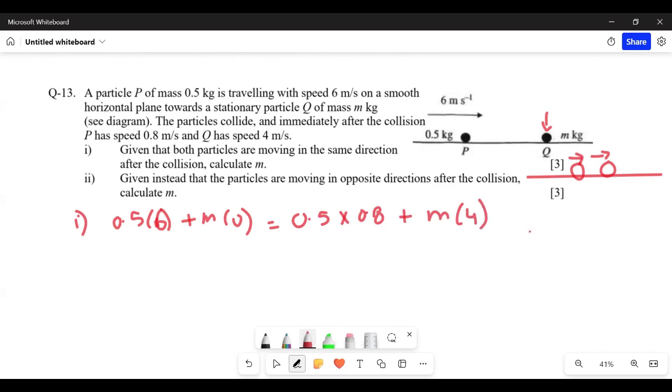Solve this for m and you should get m is equal to 0.65 kg.